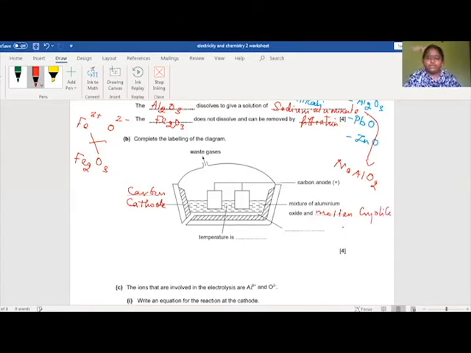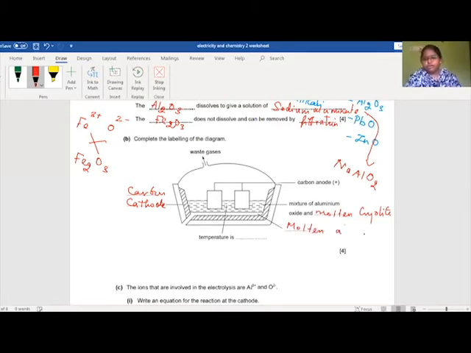Molten cryolite decreases the temperature, as it lowers the melting point of aluminium oxide. It saves energy. Very important question. In many past paper questions, you can see the uses of cryolite, right? So what is settled here? Molten aluminium, right?